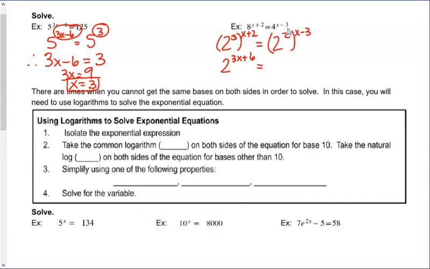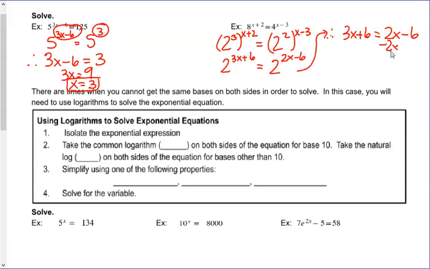And the right side, when I distribute that 2, becomes 2 to the 2x minus 6. And now I have bases that are the same. I now need to set the exponents equal to each other. 3x plus 6 has to equal that 2x minus 6, and now solve that equation for x. So when I do that, I subtract that over.